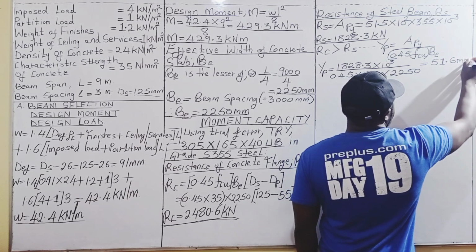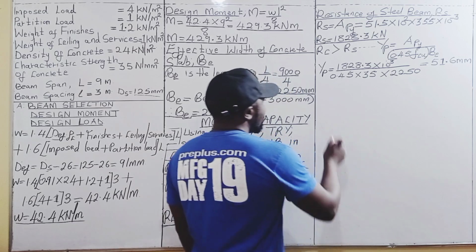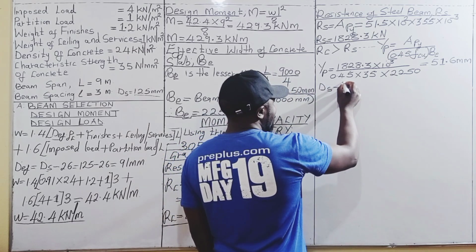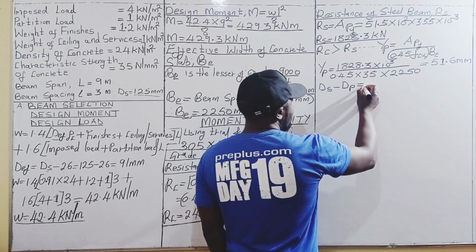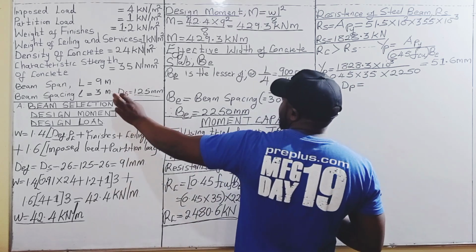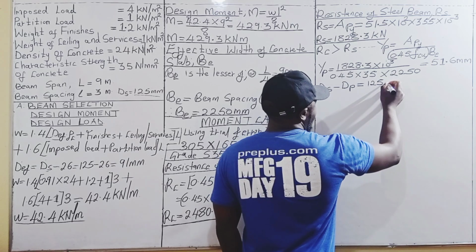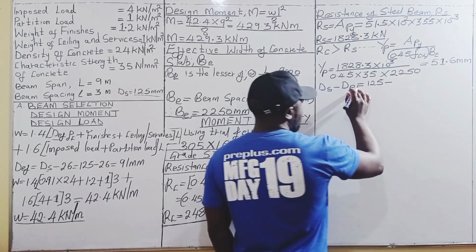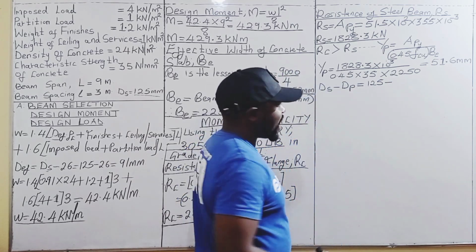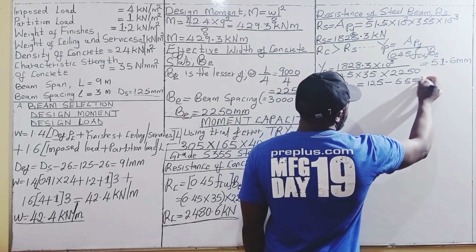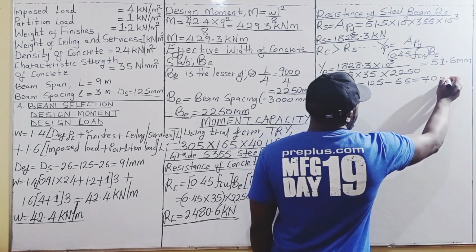51.6 millimeters. When we compare this with ds minus dp, which is ds is 125 millimeters and dp, the depth of profiled metal decking, is 55, which is going to give us 70 millimeters.